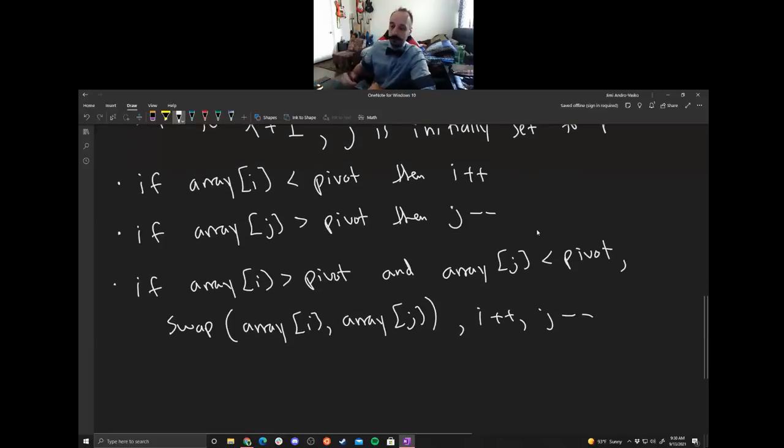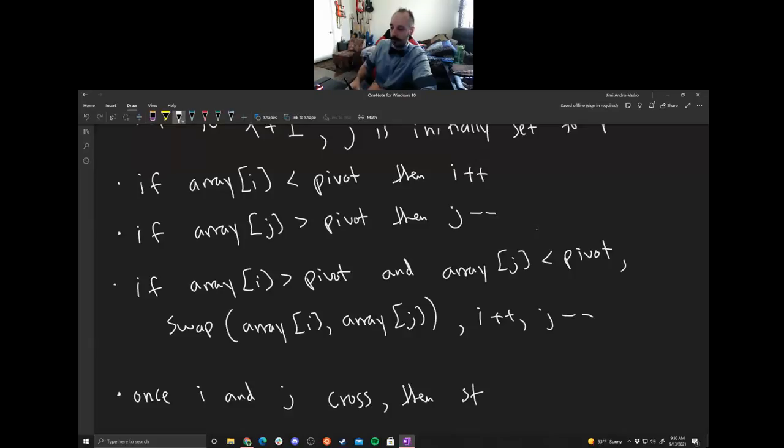And then we're going to do this loop. So once I and j cross, then stop the loop. So this is going to be a loop of some sort.